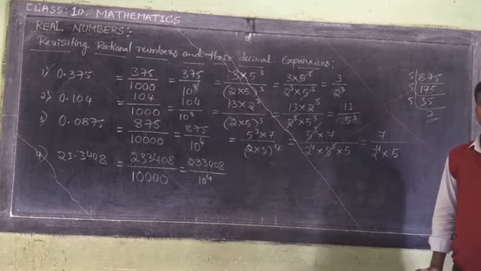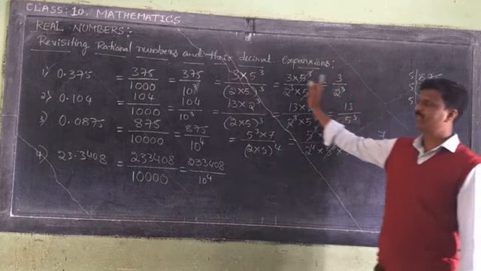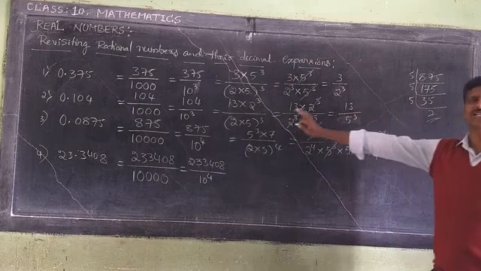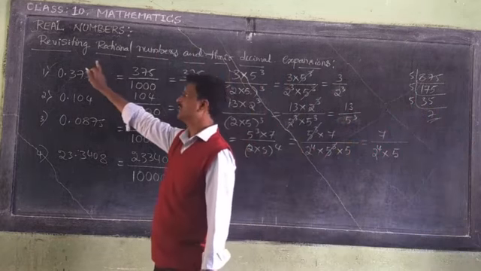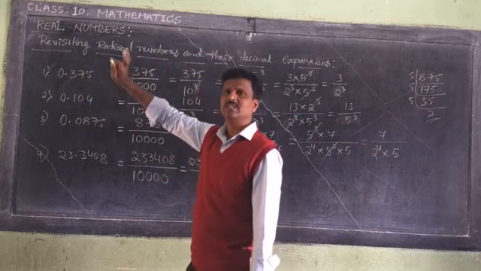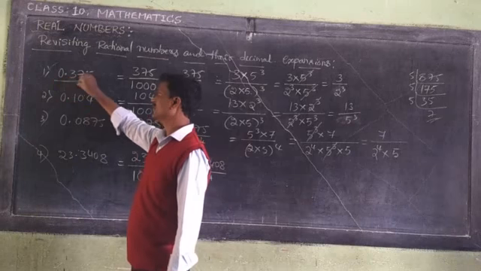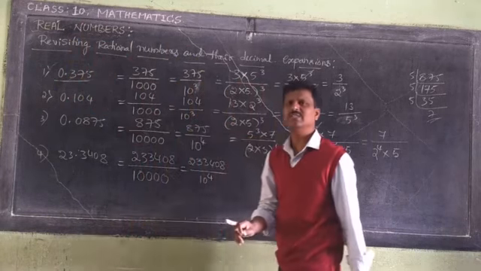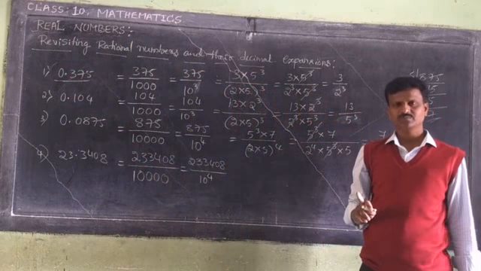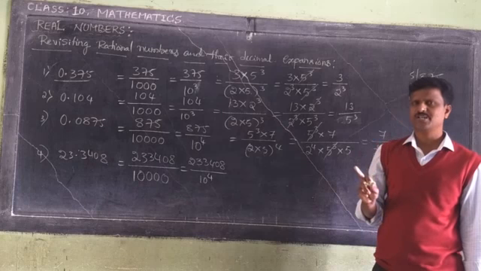This is the concept. After simplifying, if a rational number is given, we can easily say whether it is a terminating or non-terminating decimal expansion.